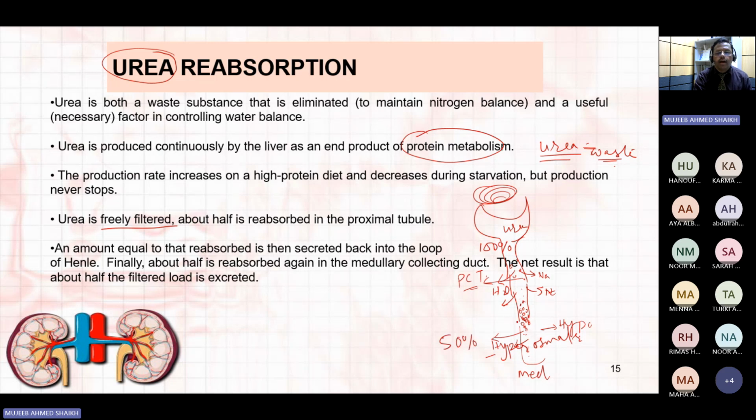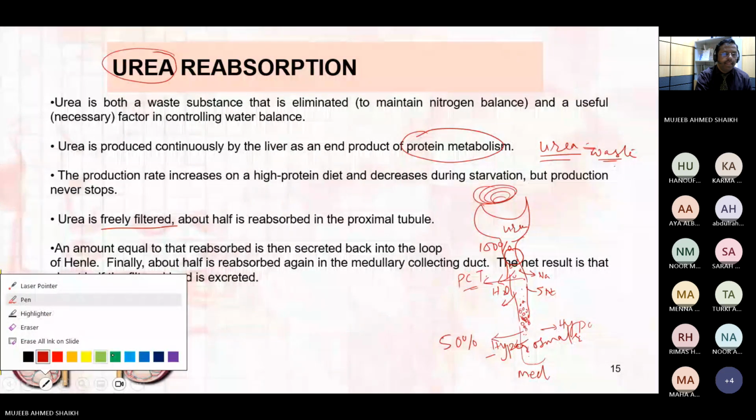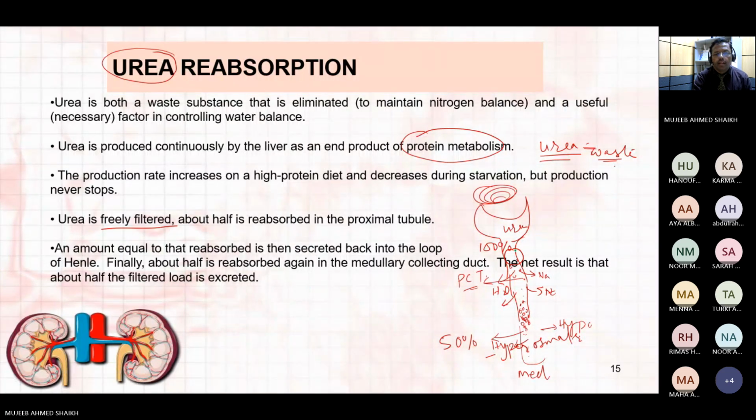Out of 100, half will be reabsorbed. Let's say this is a urea molecule, 100%. By the time it comes down into the medulla, because of hyperosmolarity, 50% will be reabsorbed. This half circle will be reabsorbed, so half circle is remaining here.